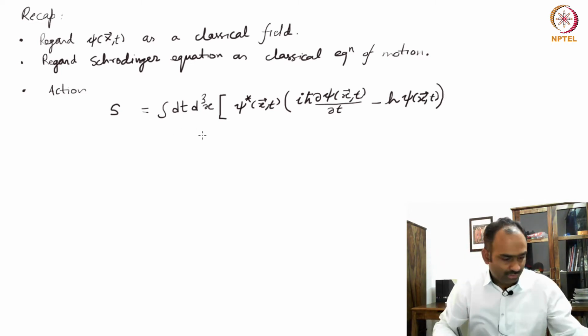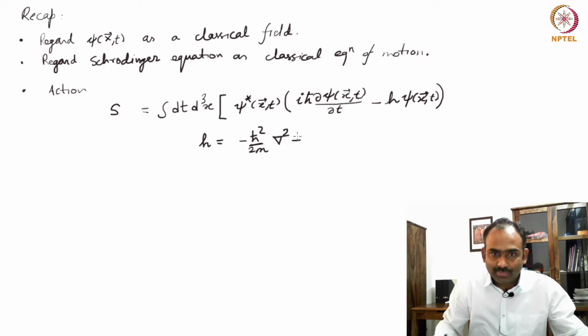And remember, the Hamiltonian was this: minus h bar square over 2m, where m is the mass of, well, let's not say anything now, because we have changed the description. I'll be confusing you by saying mass here, plus V of x.